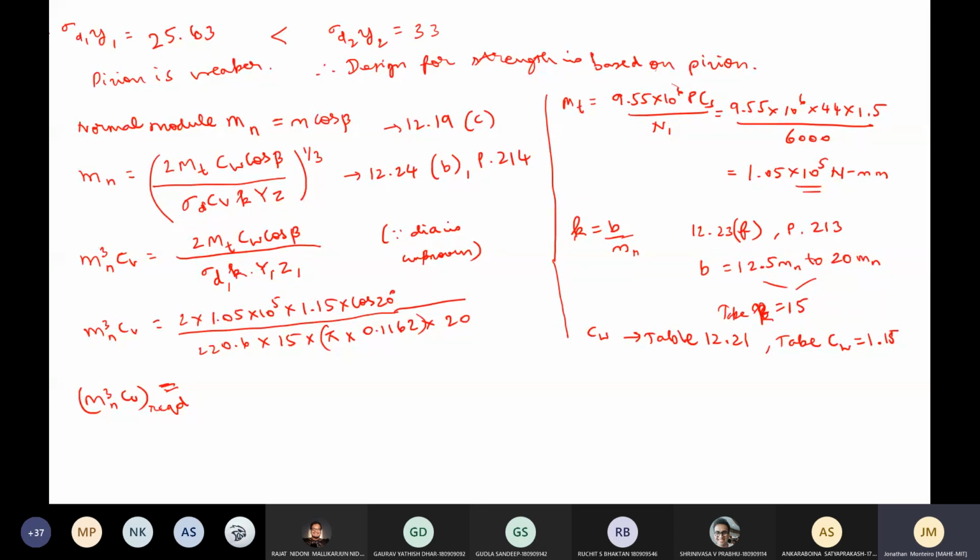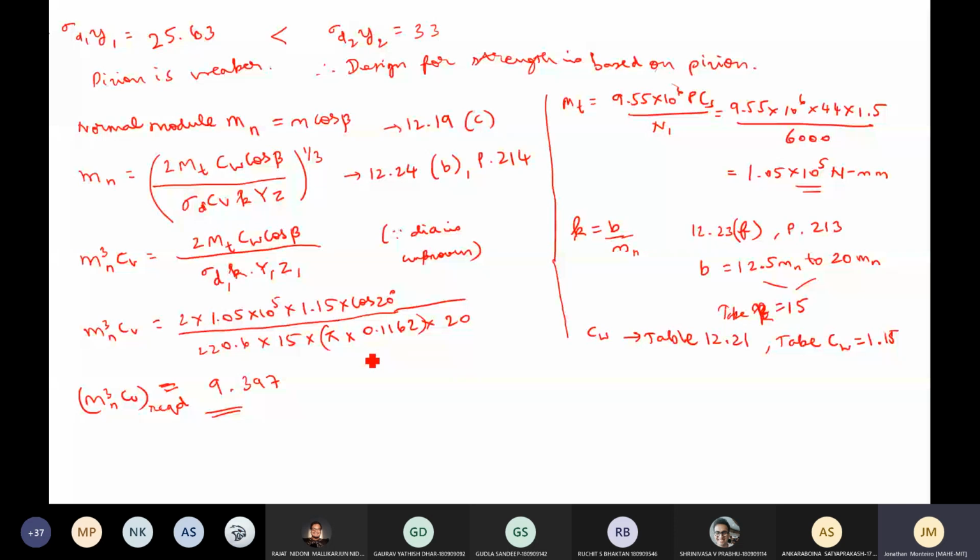Can I have one more confirmation? 9.39. Yes, even I'm getting that value. 9.397. So just check your values, maybe a slight mistake here and there. Yeah, 9.397.